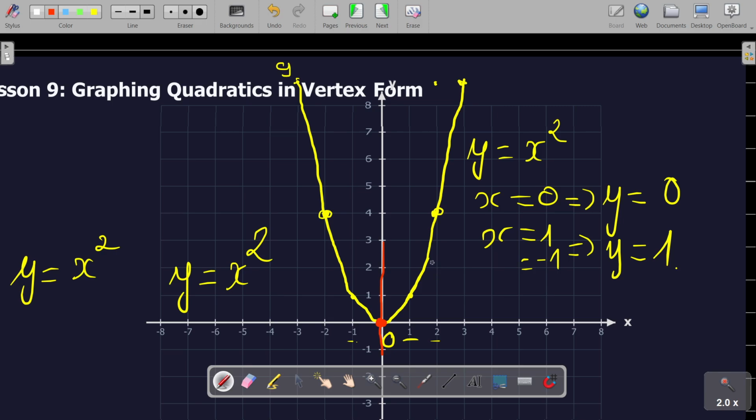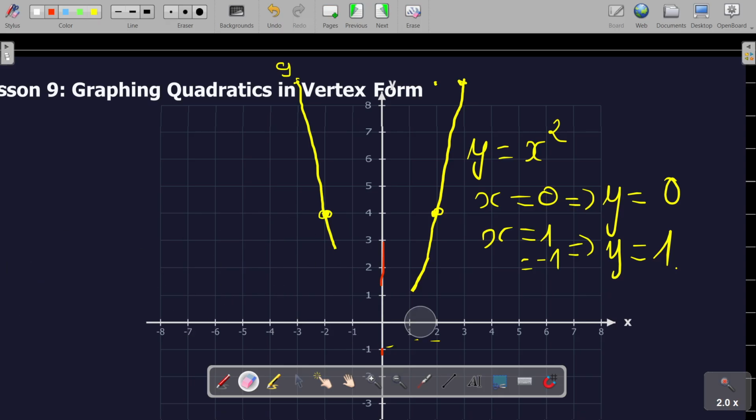The axis of symmetry is at x equals 0, so the parabola is perfectly symmetric around this vertical line. Every point on the left has a mirror point on the right. So I just explained a little bit about symmetry. We have learned how to plot and draw our most basic form here.